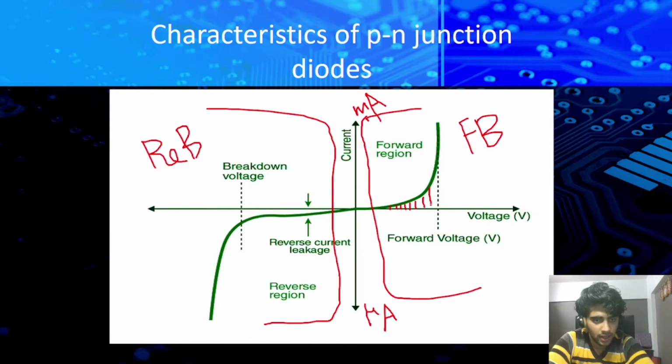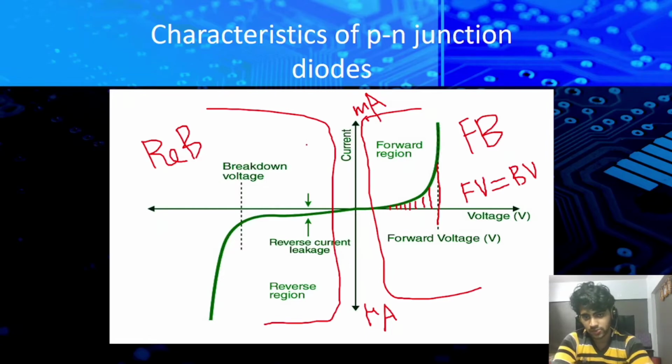But as soon as the forward bias voltage becomes equal to or more than the barrier voltage in the depletion layer, there is a sudden increase in current.